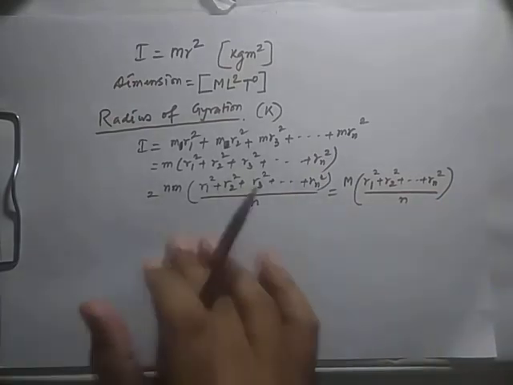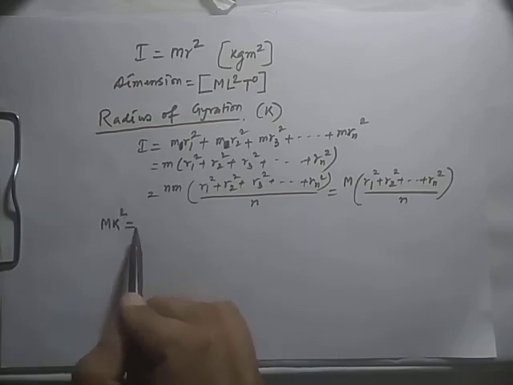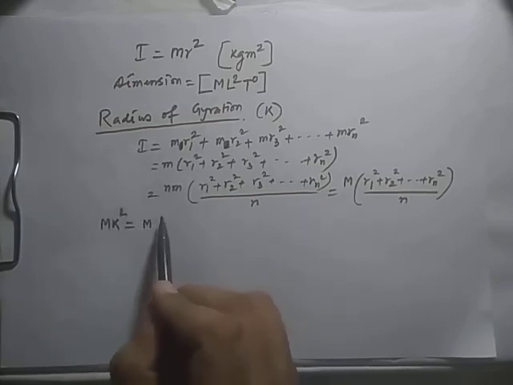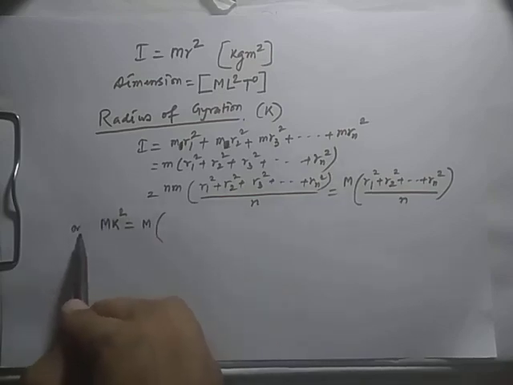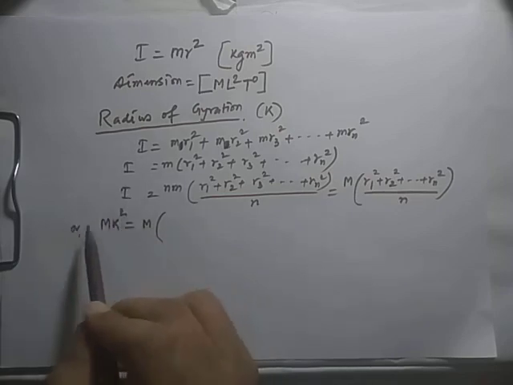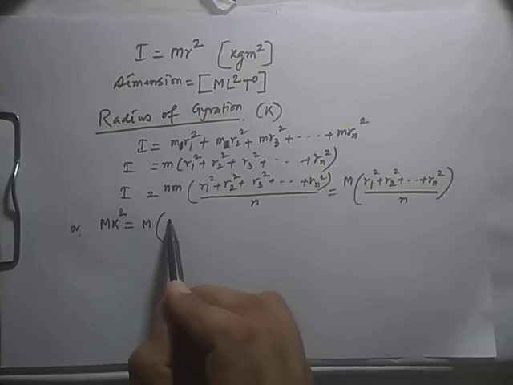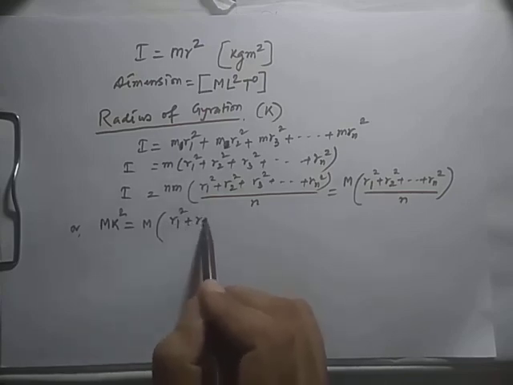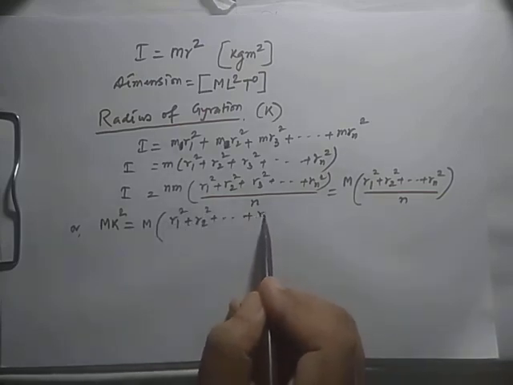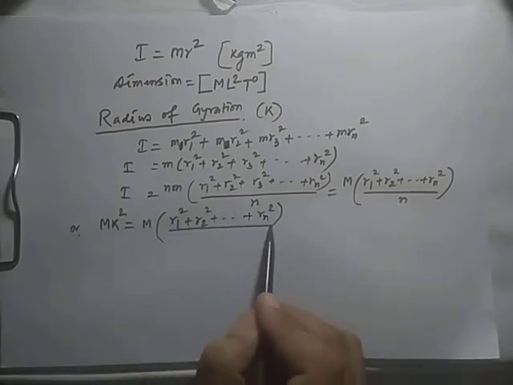Compare this with M K square. You can write I is equal to M K square actually. I is equal to M K square, so M times r1 square plus r2 square, in this way up to rn square, by n.